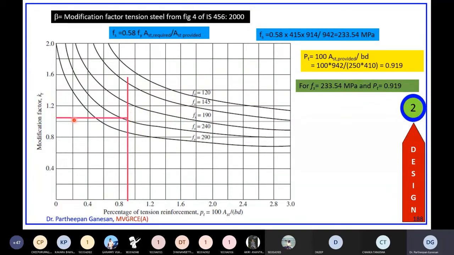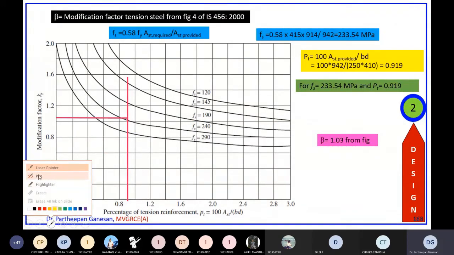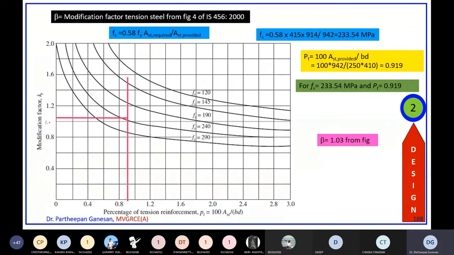Corresponding to that, this is 0.8, this is 1.2, this is 1. So it is somewhere between 1 and 1.1, somewhere I have taken as 1.03 because this line is 1, and the center will be 1.1.